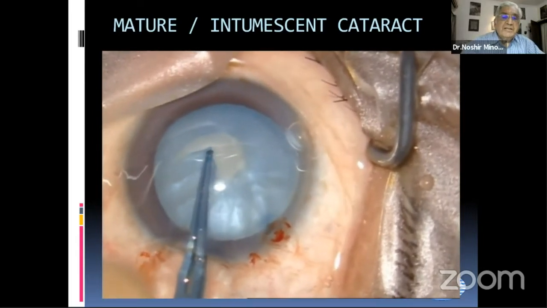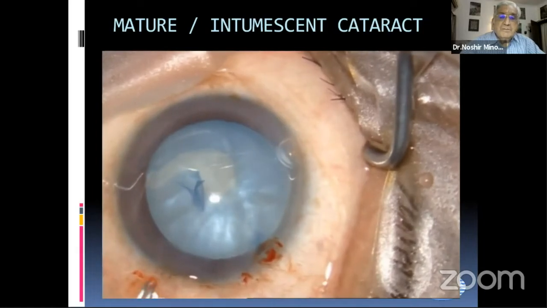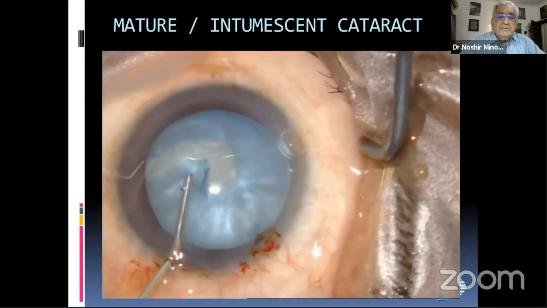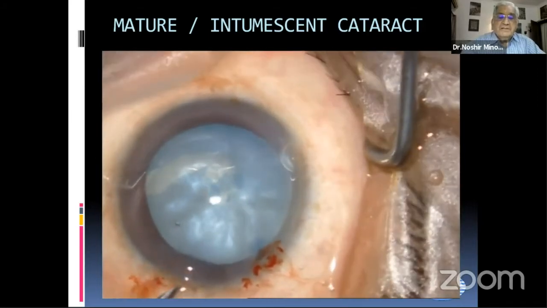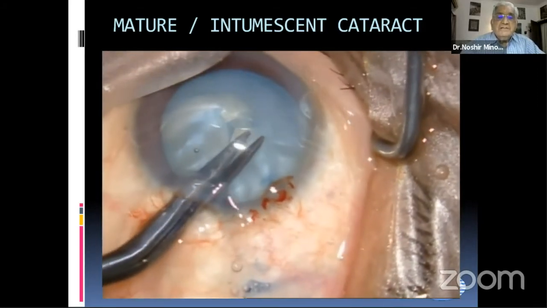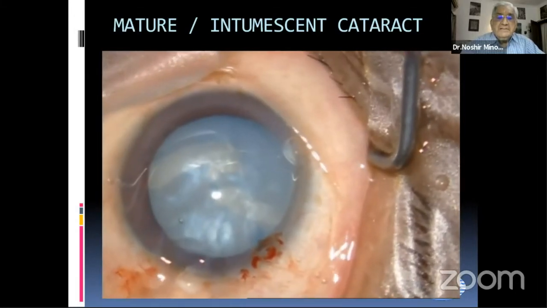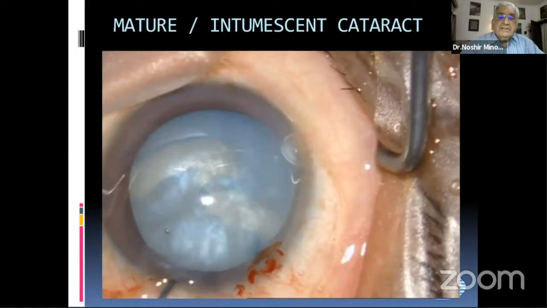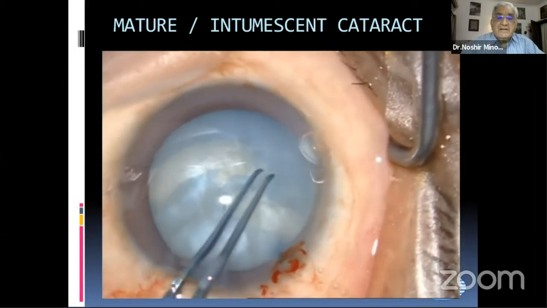And before we could say anything, we find that suddenly it's gone to the periphery. Now what we do is we try the other side. Deepen the chamber with Healon GV. Make a nick on the other side. And again, by the time we made a nick, it spread on the other side like an Argentinian flag sign.